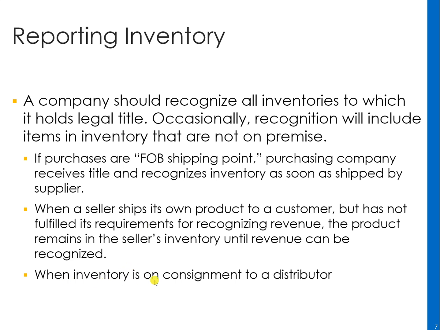And finally, when inventory is on consignment to a distributor, we ask the distributor to sell inventories for us. The distributor, the consignee, doesn't own the title of those goods. So remember, we need to put those inventories back on our balance sheet.